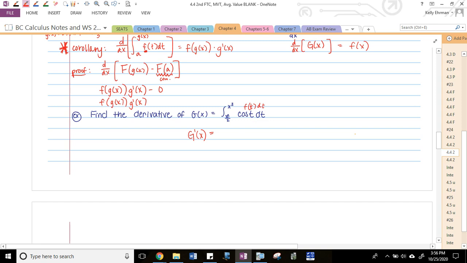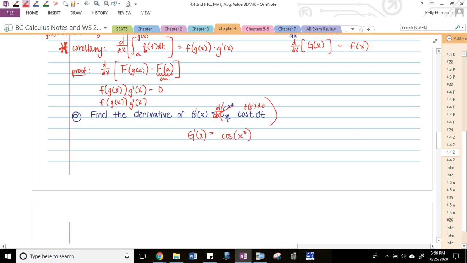So I don't need to think about what's the integral of cosine and then take the derivative of that. I'm just going to say, if I take the derivative with respect to x of both sides here, those are going to cancel out. I'm going to get cosine of not just x, but cosine of x cubed.